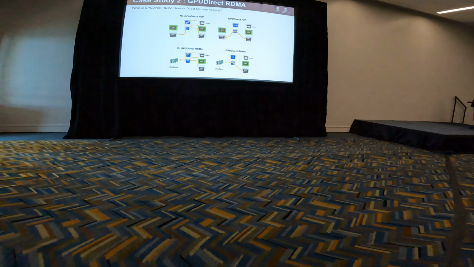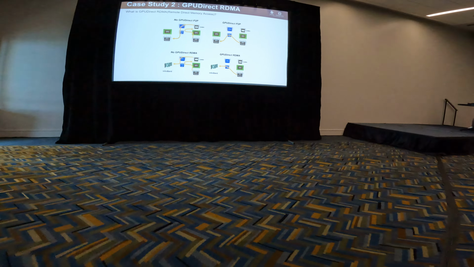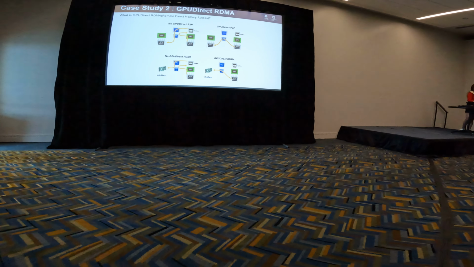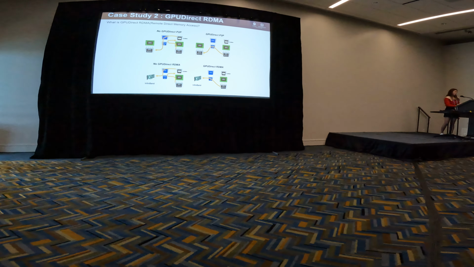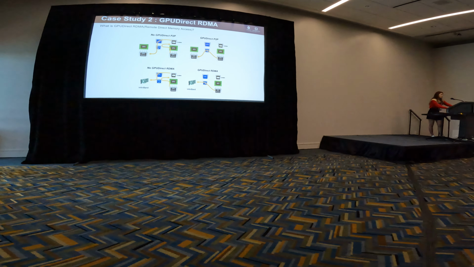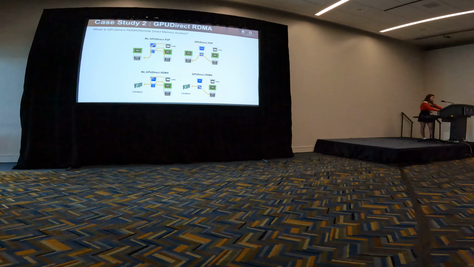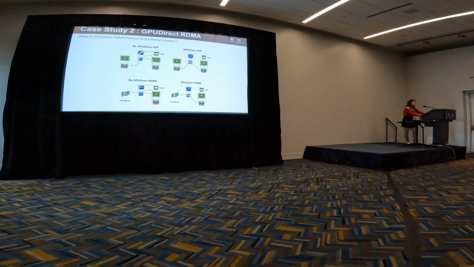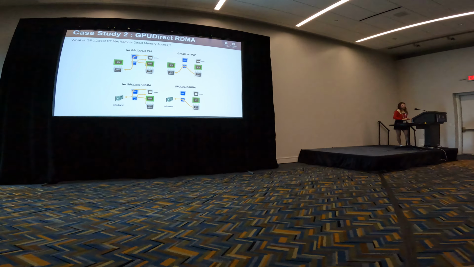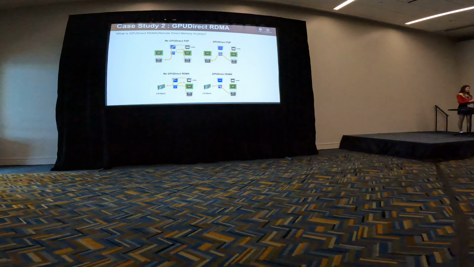The 2 diagrams at the top show the different GPUs communicating within a single node, and the other 2 at the bottom show the communication between GPUs of the remote node. First, let's take a look at the communication of GPU within a single node.